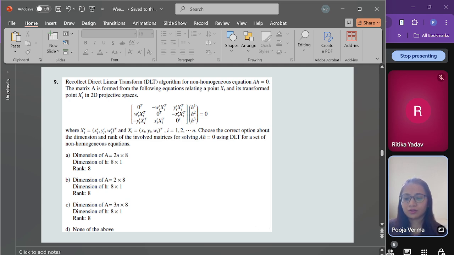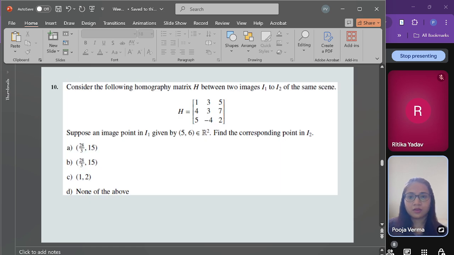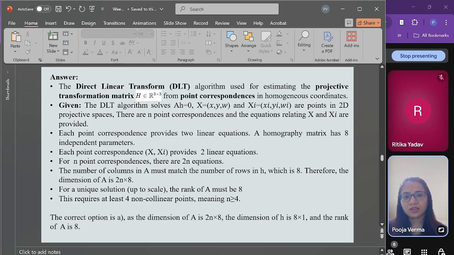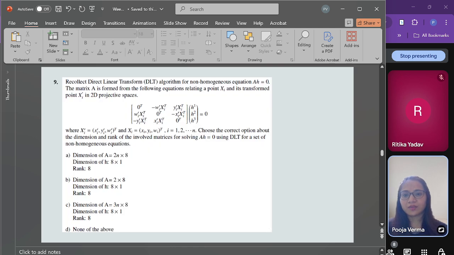So now how can we solve it? First I will explain it here. You can see the detailed answer in the later part, since a detailed explanation of this question is already given. Here it is given that the DLT algorithm solves the non-homogeneous equation AH is equal to 0, right?